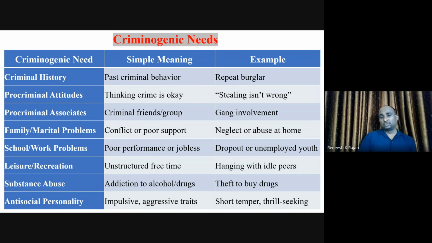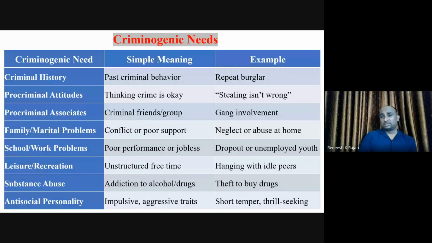Why we are going to discuss these criminogenic needs is my topic itself: integrating risk and need assessment in Indian correctional institutions. In our Indian correctional institutions, we do not have a risk and need assessment. In our Indian prisons, we do not follow any kind of risk or need assessment.